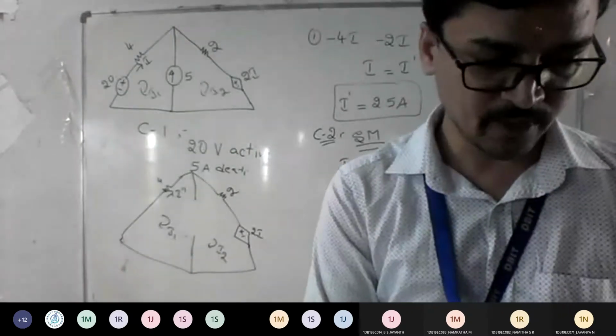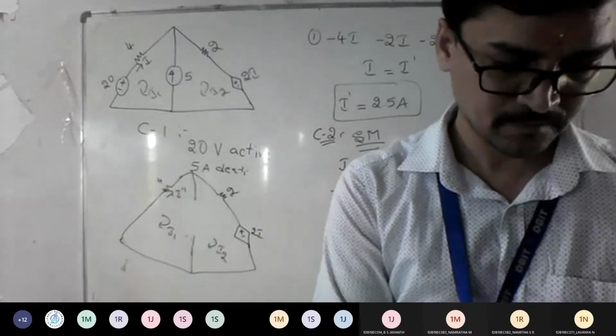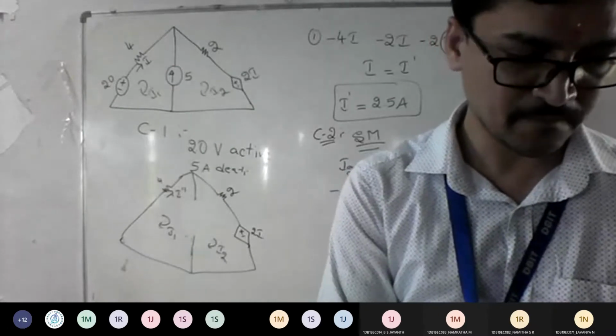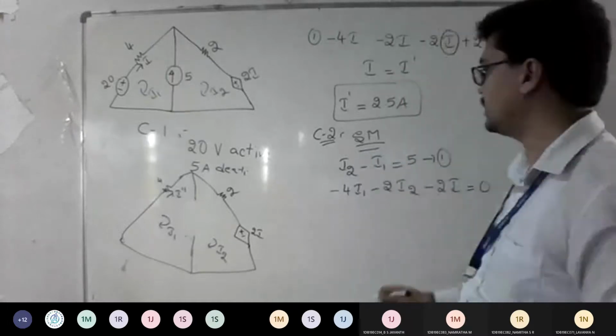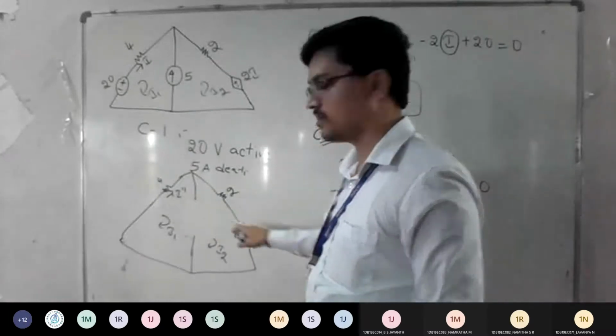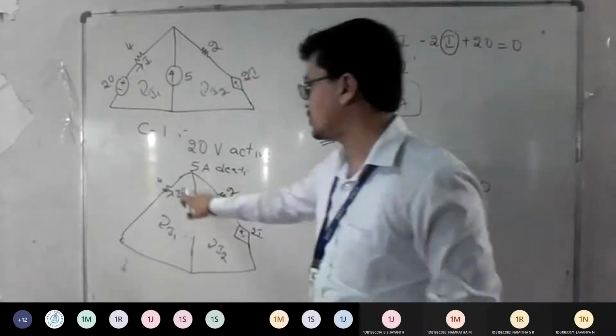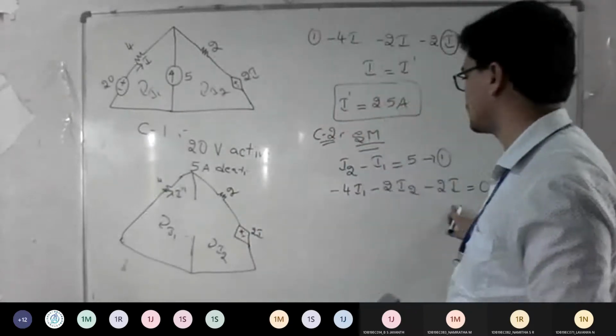Yeah, I'm audible here. Is it audible? Yes, sir. Okay. So I applied my logic, however you have done, just go with that. So minus 4 I1 here, 2 I2 is there, and minus 2I equal to 0.